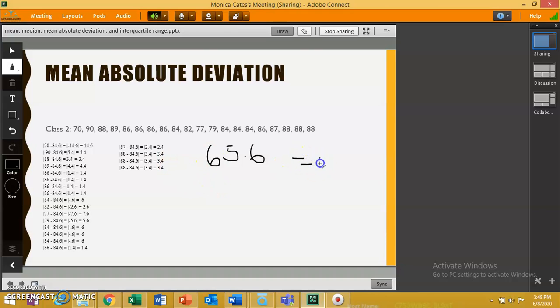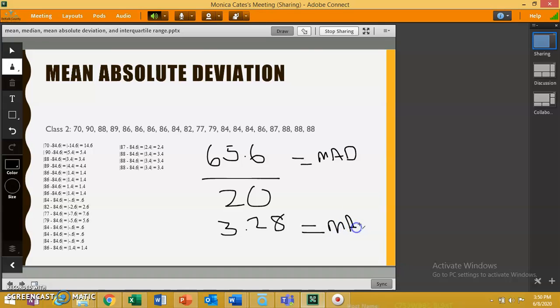I'm going to put over here MAD for mean absolute deviation, and I get 3.28. So that means on average, each exam score is about 3.28 points from the mean value of 84.6.